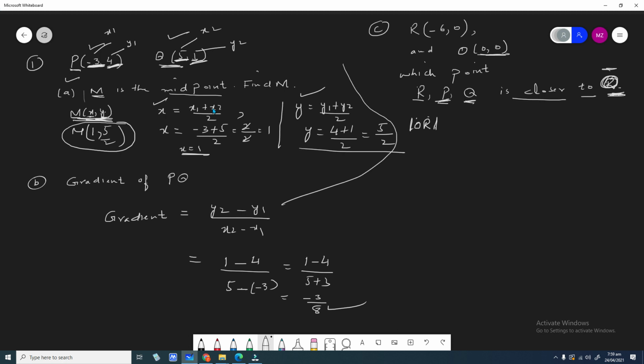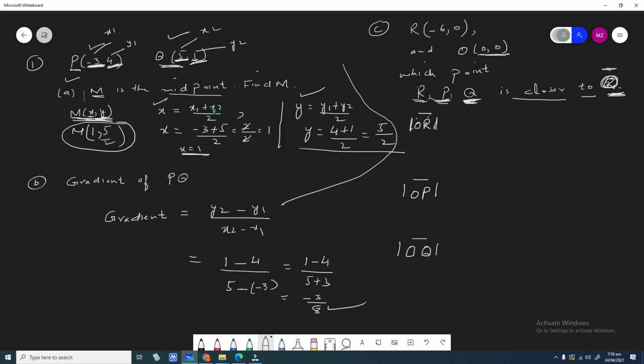We will calculate this distance, then the distance OP, and lastly the distance between O and Q, which is OQ. The results from these three will tell us which point from R, P, and Q is closer to O.